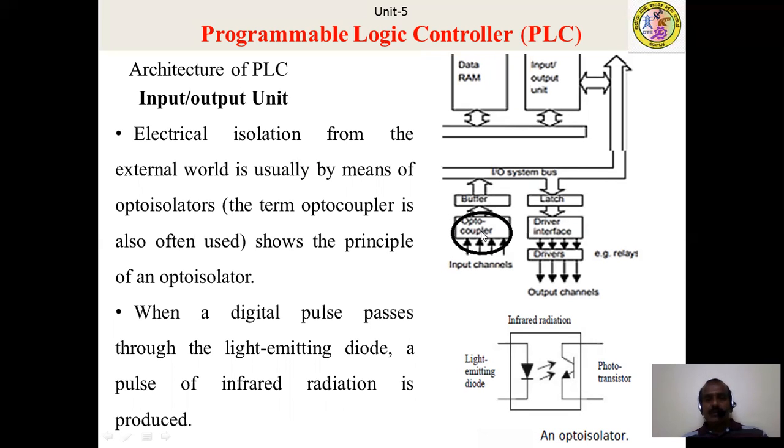Electrical isolation from the external world is usually done by means of an opto isolator. The term optocoupler is also used. So here the principle of the opto isolator is shown. When a digital pulse passes through the light emitting diode, a pulse of infrared radiation is produced.